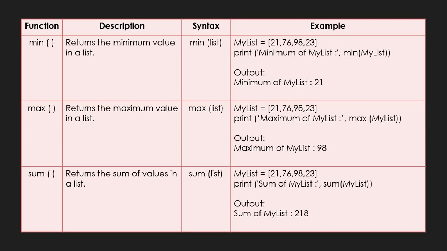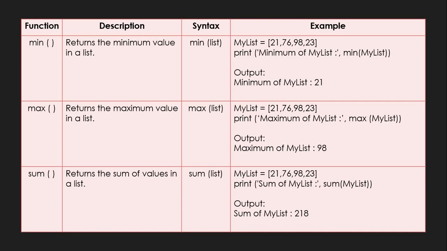Among these four values, 21 is the smallest value, so it will print the minimum of the list as 21. Same with max: among the four values declared in my_list, the maximum value is taken and printed out. If you want the sum of the values, it adds up all four values declared in the my_list variable, and it will print the sum of my_list as 218.